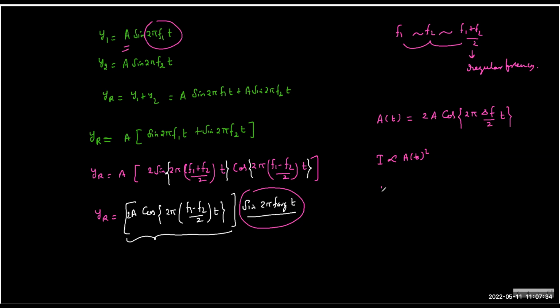So mathematically I will be equal to some constant into 4a square into cos square of 2 pi into the frequency difference by 2 into t. I can also write the resultant intensity of sound, which is time dependent, as 4k a square into cos square of pi delta f t. Let's write like this.